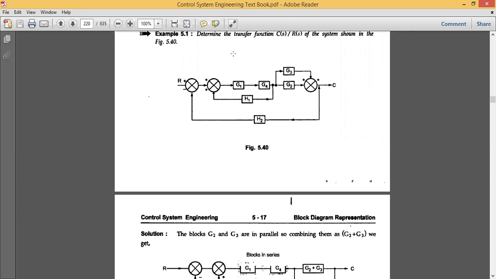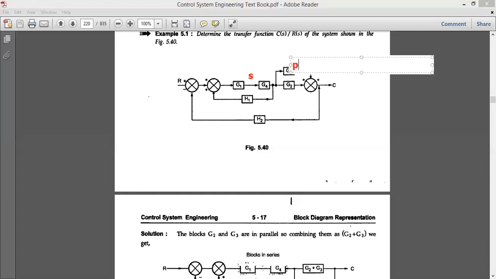Yes, I have a series connection, which I will represent by S. Do we have any parallel connection? Yes, G3 and G2. I will write P to represent parallel. So this is my parallel connection.